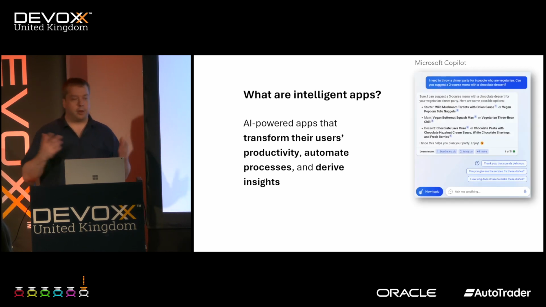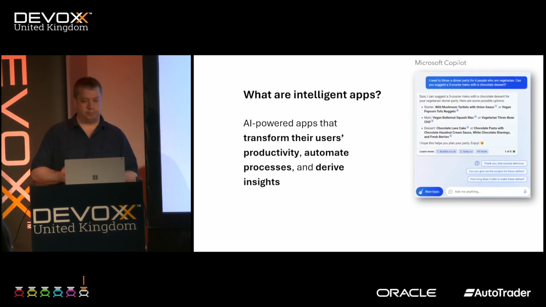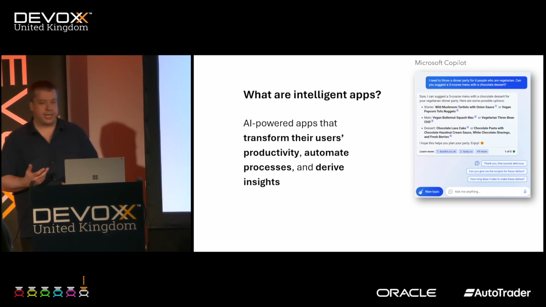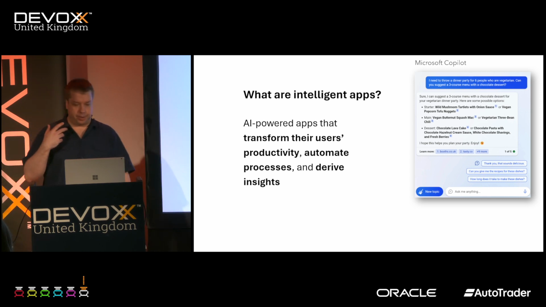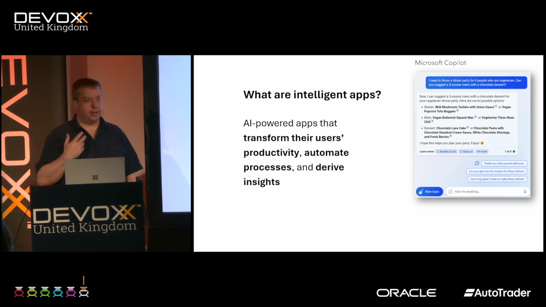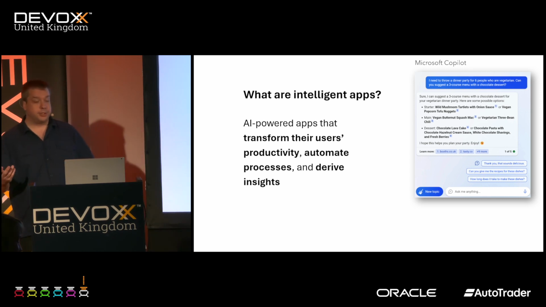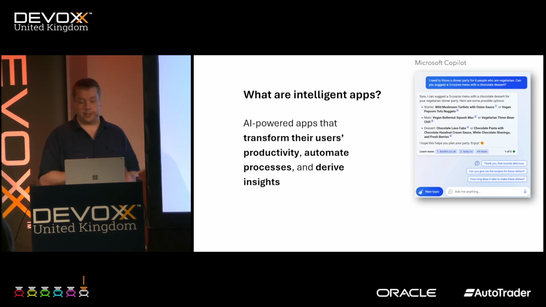Examples that you've almost all certainly used by now are these various co-pilots and chatbots that allow you to have much more natural conversations with AI and with your data, rather than the typical keyword-style search that we've been used to in the past.